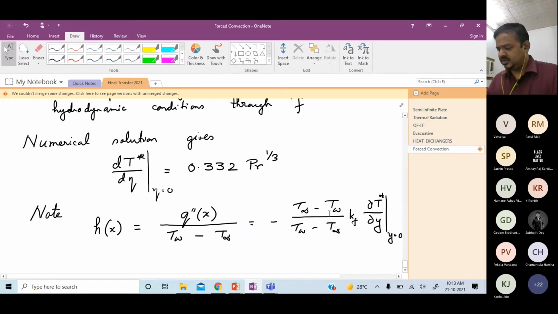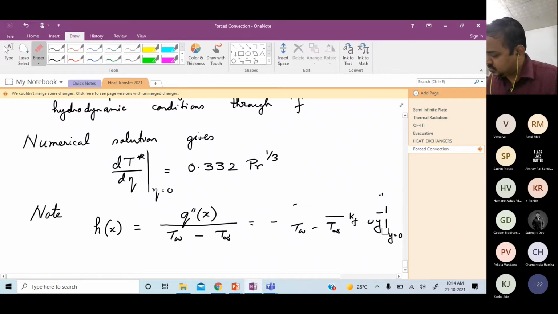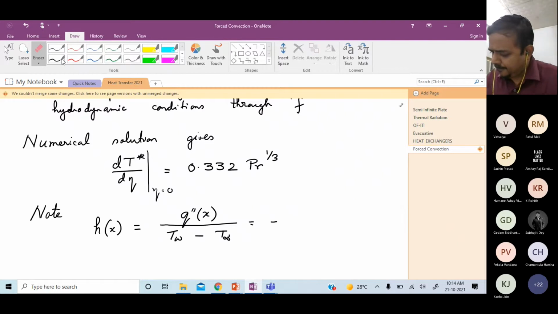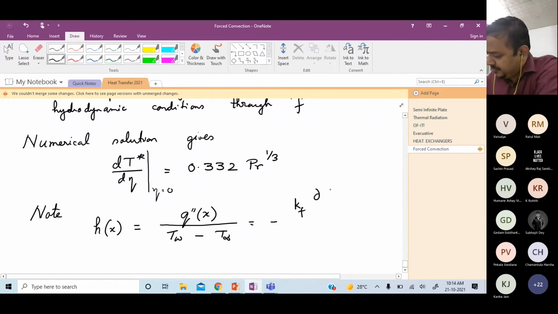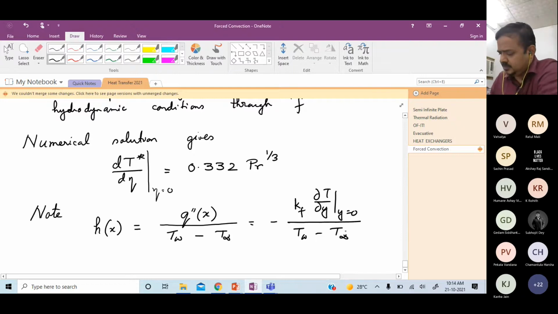Get it? Because you are going to refer to these notes later, let me write the intermediate step also. Minus kf del T del y at y equal to 0, divided by Tw minus T infinity. But what is del T?